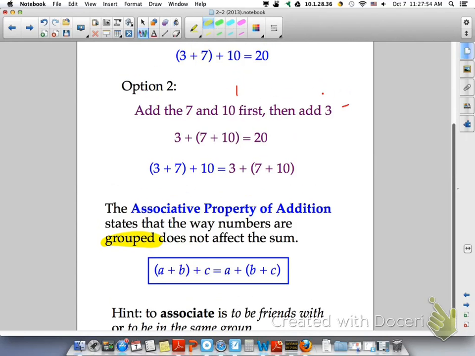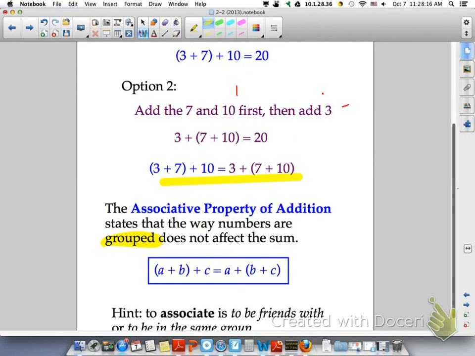Oh, can I ask one question, Ms. Fallon? Yes. Before we do that? Sure. Can you see the blue and purple, 3 plus 7 grouped together, plus 10, where she's pointing? And then in the box you've got A plus B grouped together plus C. Between that line and the A plus B plus C part down there, what do you notice about those two things?